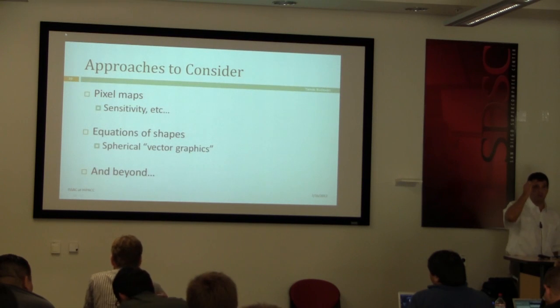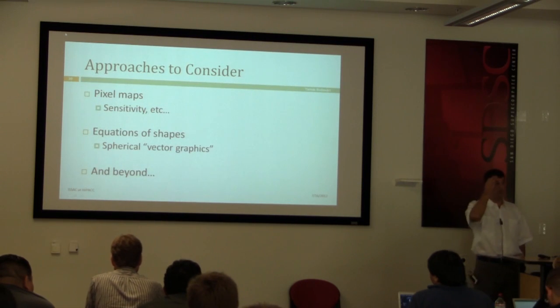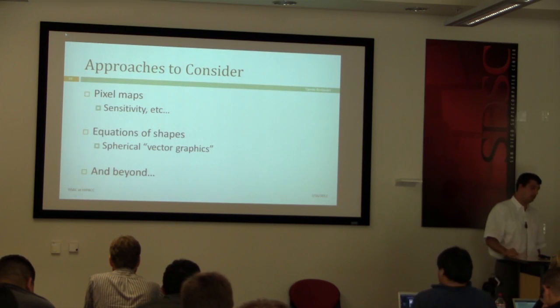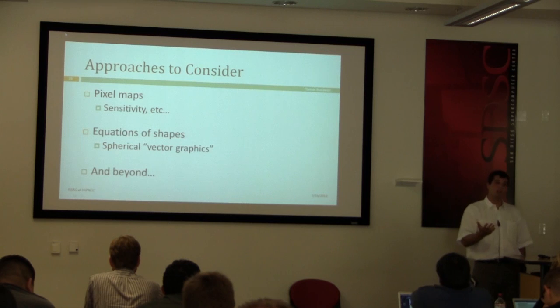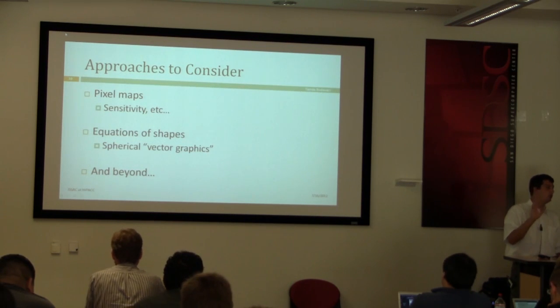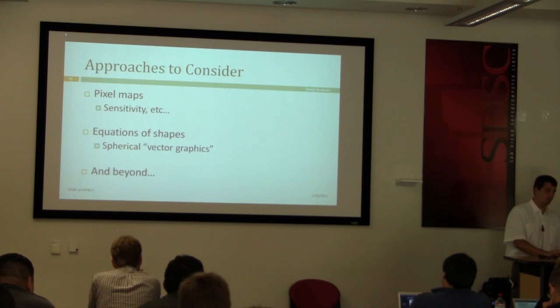There are different approaches that you can consider, and people have been looking at them. You can think of pixel maps, sensitivity maps. You can think of vector graphics type of solutions. And there are all sorts of hybrid solutions as well. And I just wanted to make sure that you see where they all fit together and what their different purposes are.